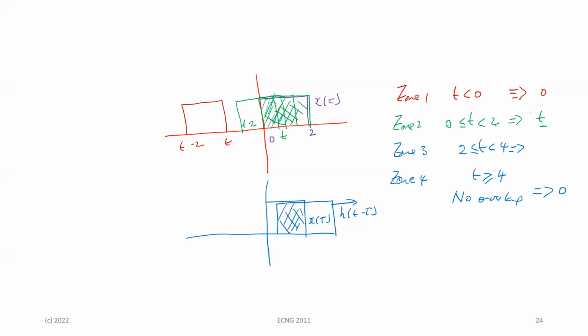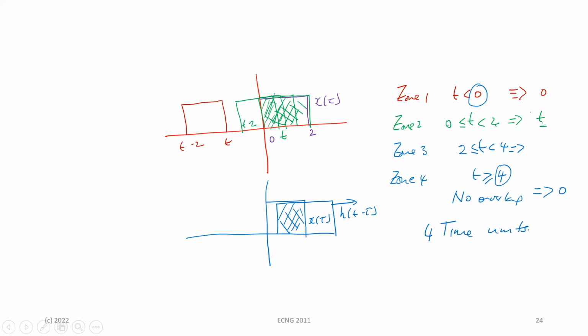And a useful test to see if you have all of the zones accounted for: you notice that the convolution ran from 0 to 4, which is 4 time units.